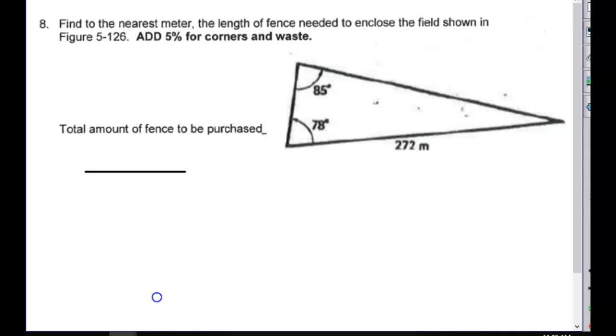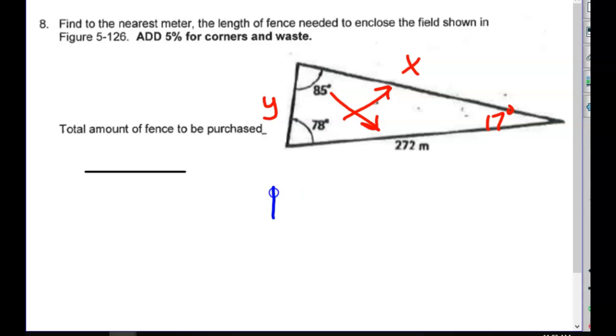What are you going to want to do here? Yep, you want to find this side and this side by law of sines, right? We got to find that missing angle. This is 17 degrees.